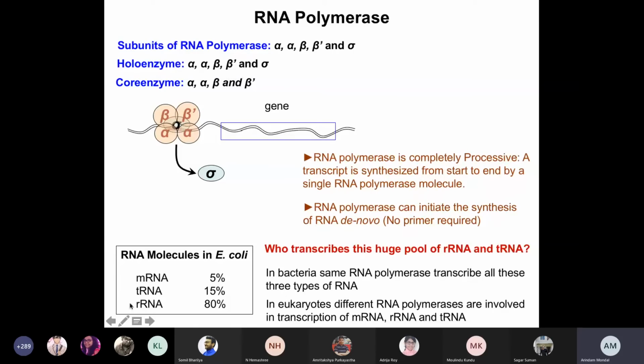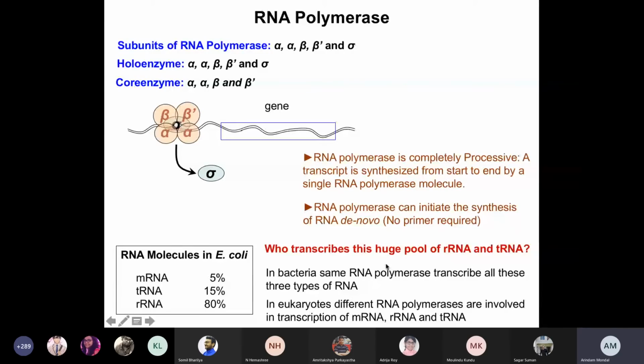So these tRNA and rRNA molecules physically participate in the protein synthesis process, whereas all the information needed for the translation of RNA into proteins remains within the messenger RNA, and that constitutes only 5% of the total cellular RNA. But then transcription means synthesis of all of these RNAs, that is the messenger RNAs, tRNAs and rRNAs.